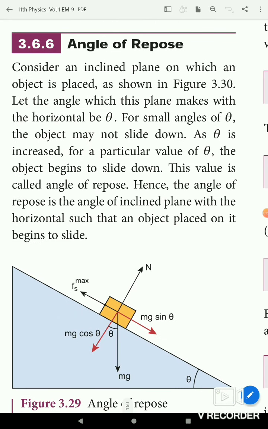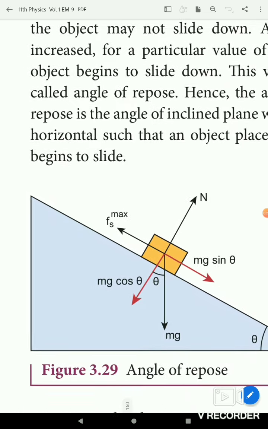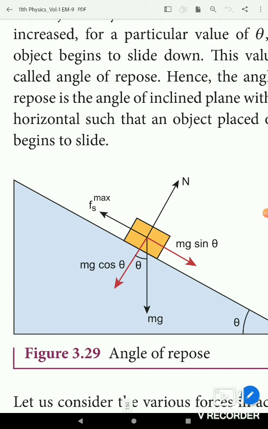Consider an inclined plane. An object is placed on that inclined plane. Let the angle this plane makes with the horizontal be theta.